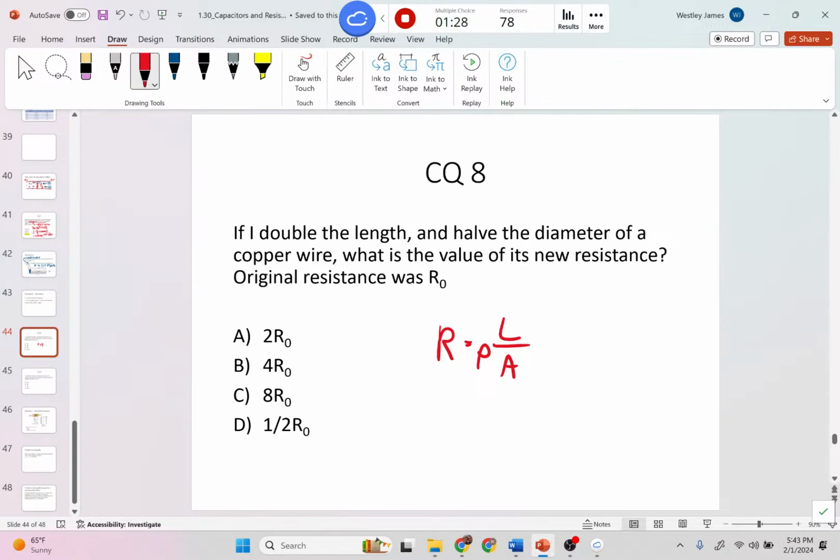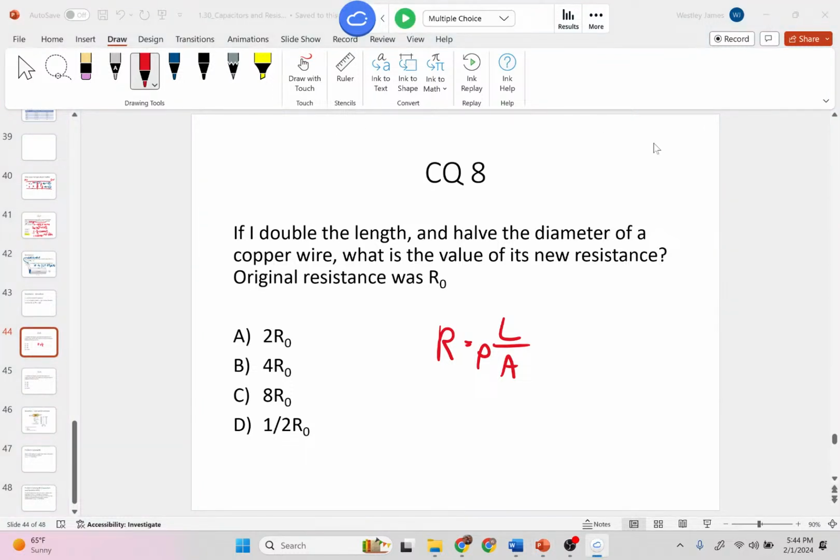So we'll go to 150. All right, in 5, 4, 3, 2, 1.